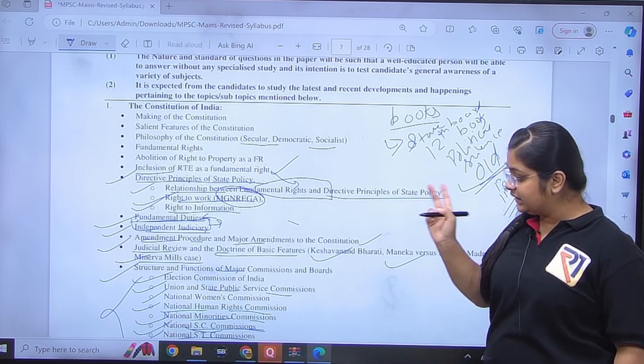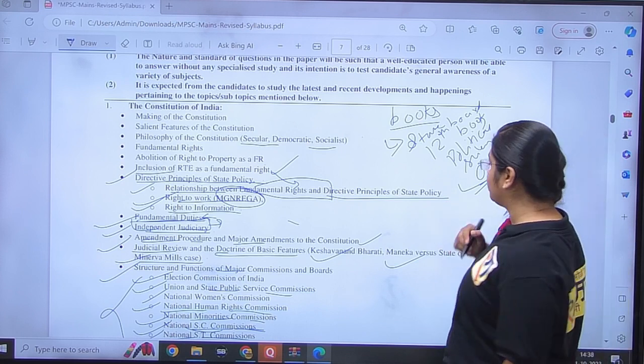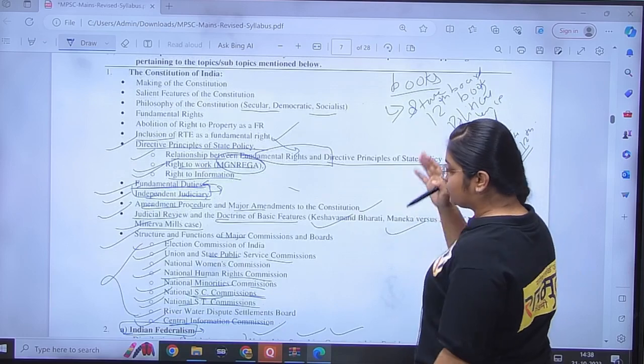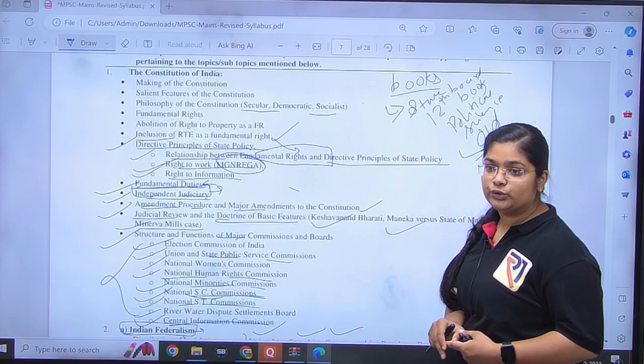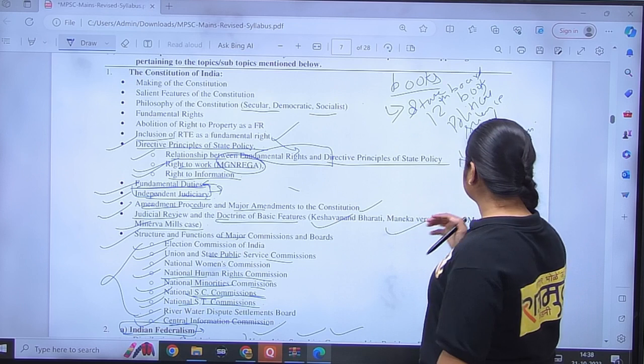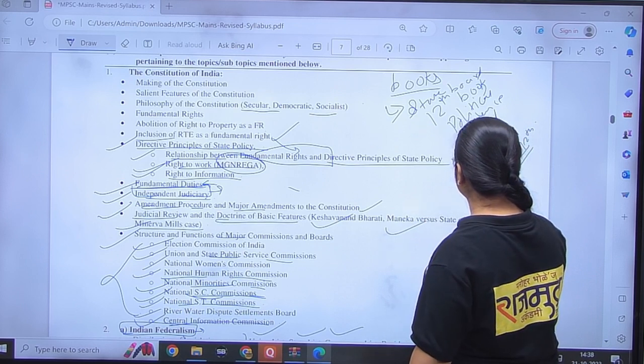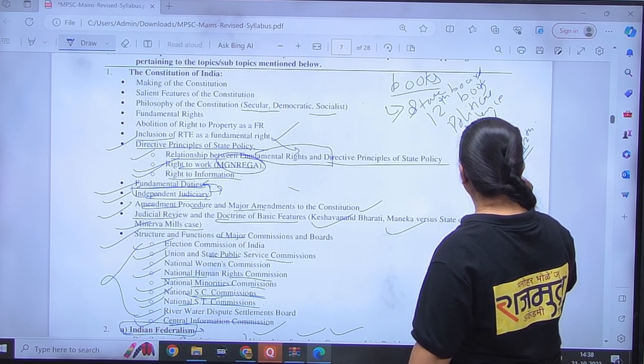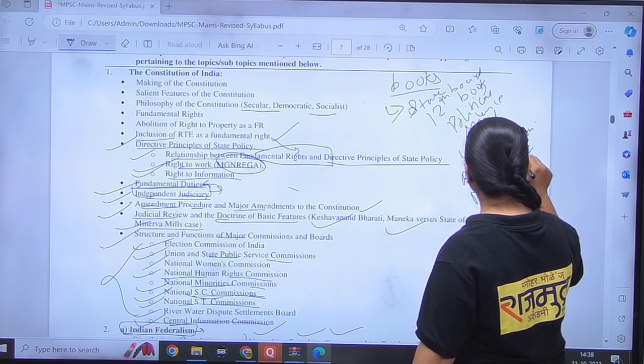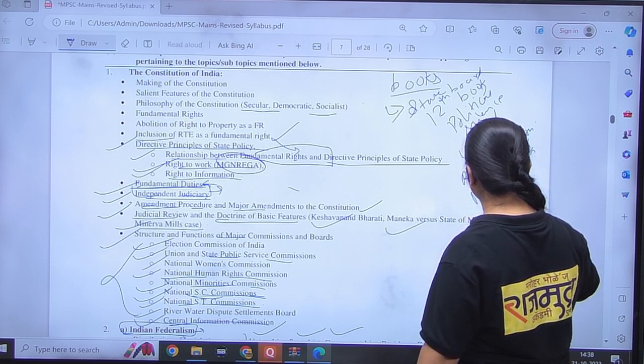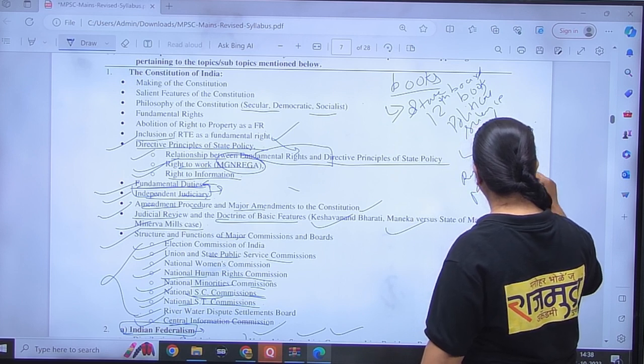Okay, and then the most important book, which is going to cover all these factors in one syllabus, that is what we call the reference book, is M. Lakshmikanth. Okay, it is the name of the author and the book is called Indian Polity.